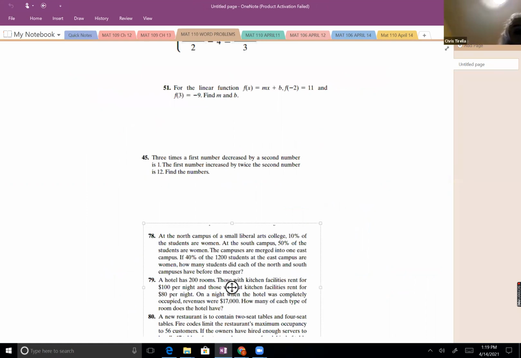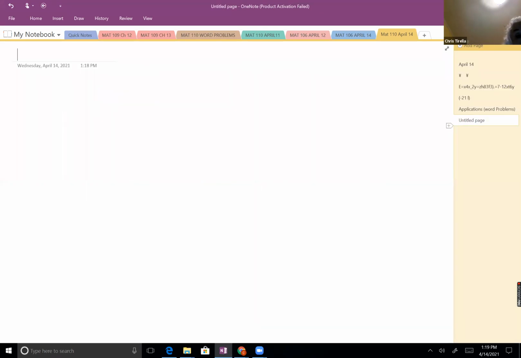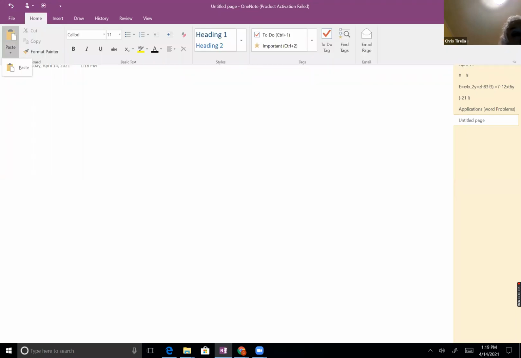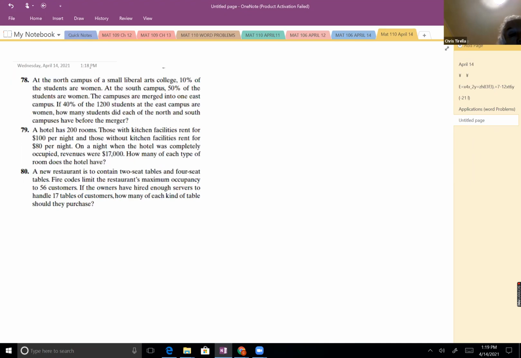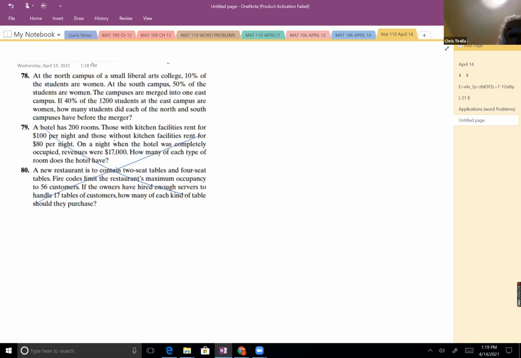Then next set. I've got 3 that are kind of attached together, and I thought we could look at the first and the last one. So the first one says, at the North Campus of a small liberal arts college, 10% of the students are women.